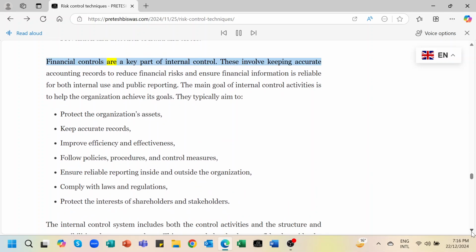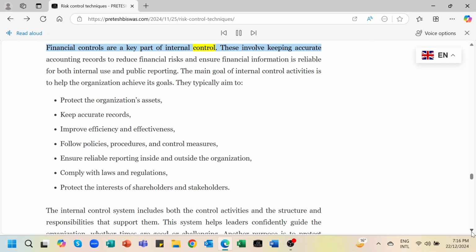Financial controls are a key part of internal control. These involve keeping accurate accounting records to reduce financial risks and ensure financial information is reliable for both internal use and public reporting. The main goal of internal control activities is to help the organization achieve its goals.